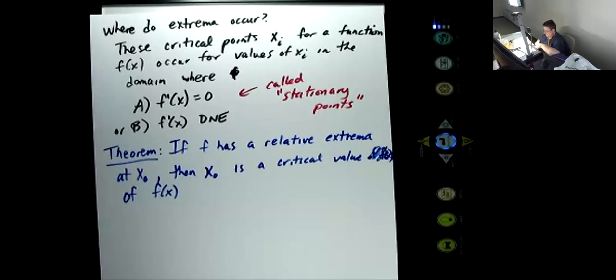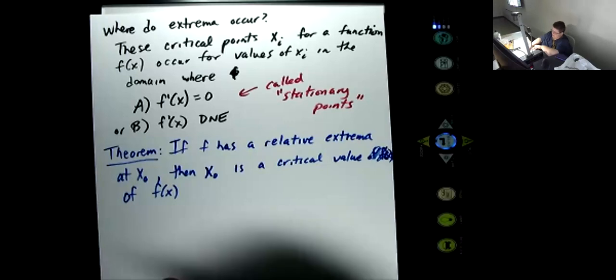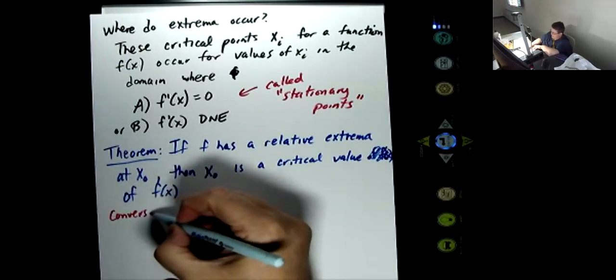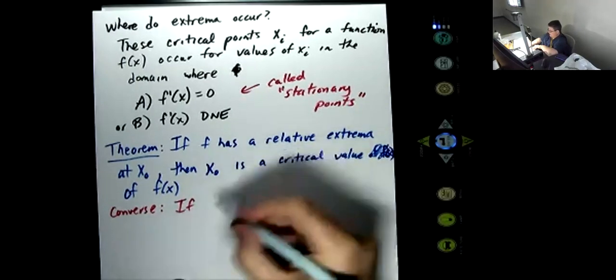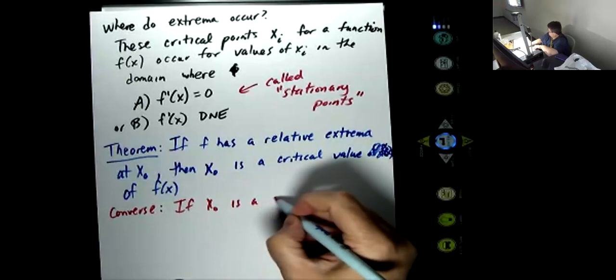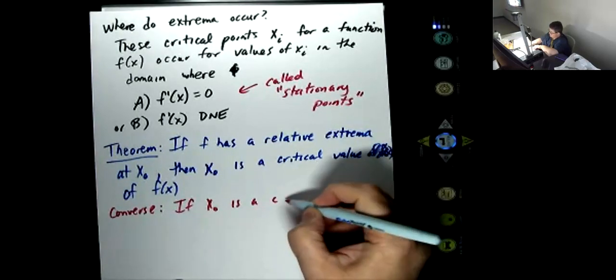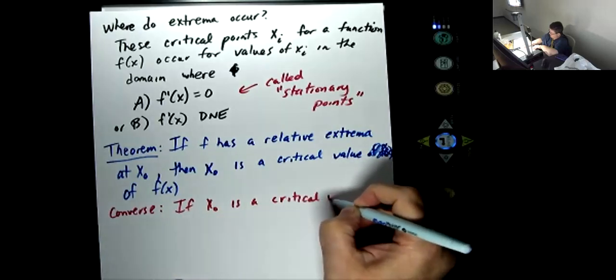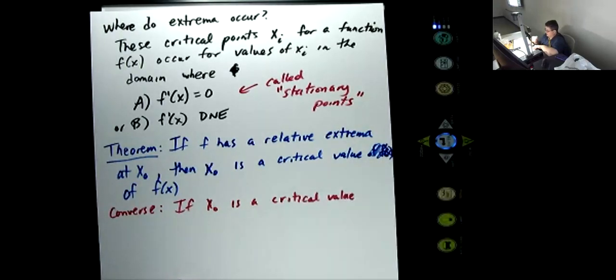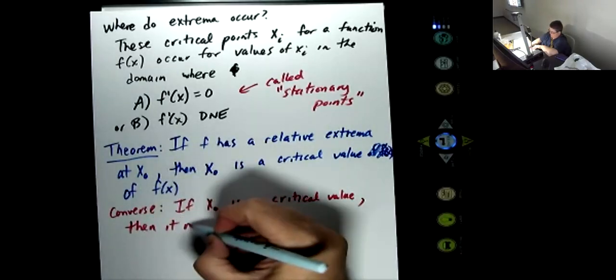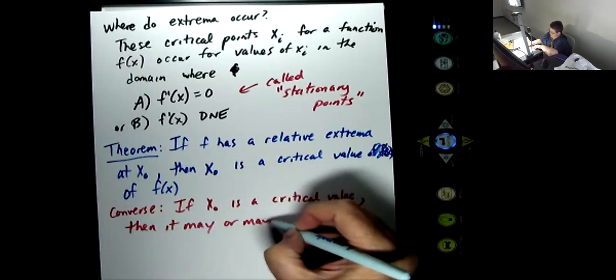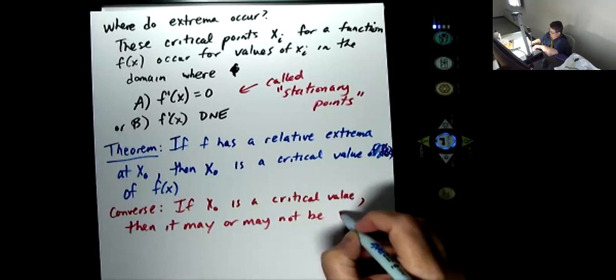This is not a two-way street. If we say it the converse way, if x naught is a critical value, then it may or may not be a relative extrema.